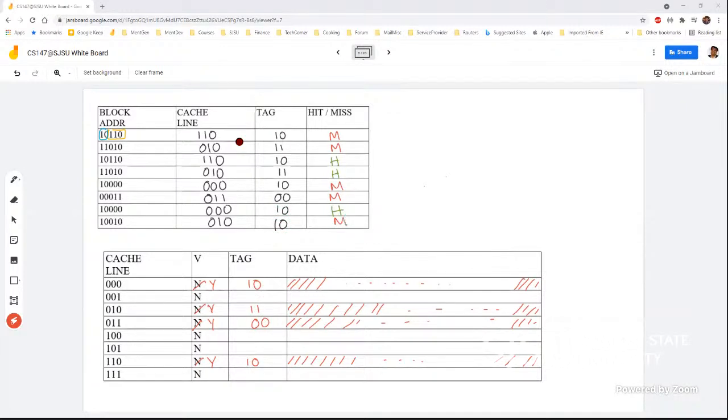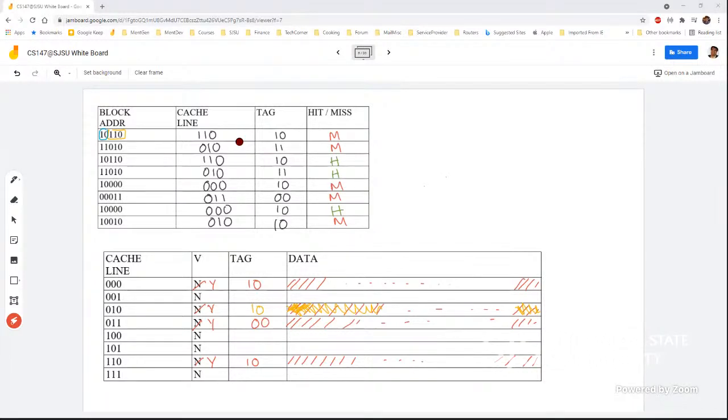The new data will come into 010, it will override the old data, then change the tag to 10 and serve the data back to the processor.